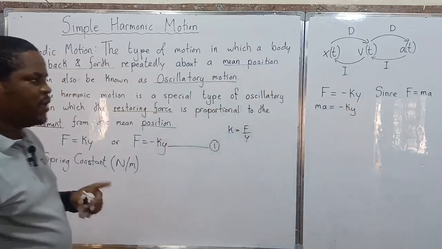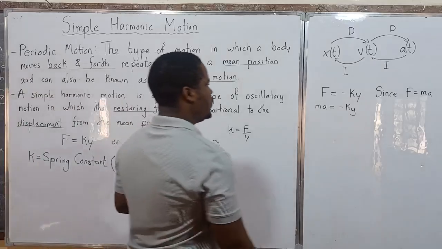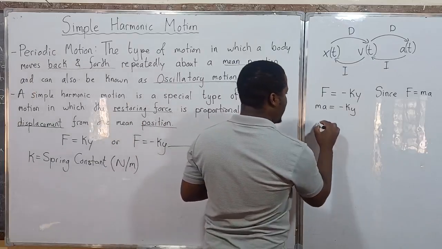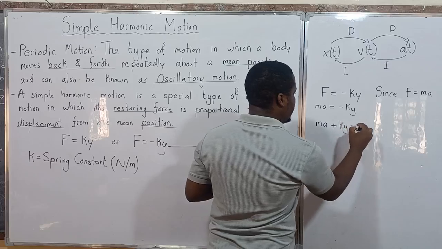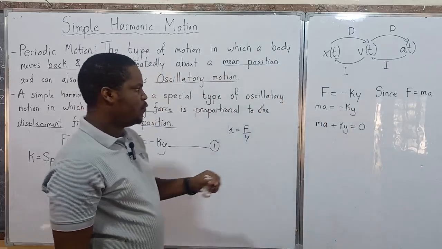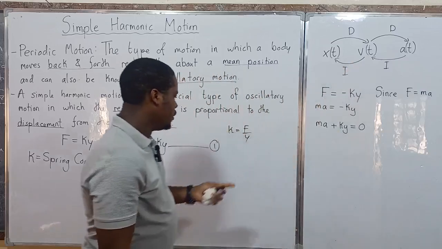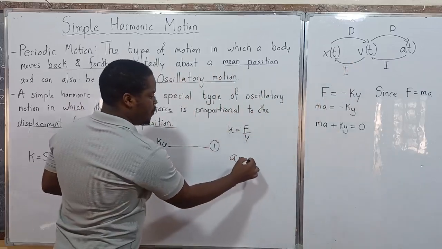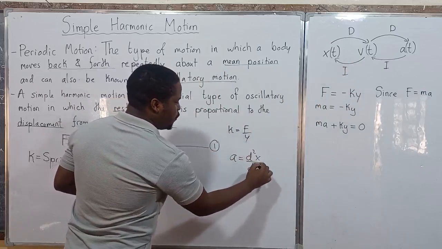That's what we have. If that's the case, let's put everything to one side. So we're going to have ma plus ky, everything equal to 0. Now, remember, acceleration, a, is equal to the double derivative of position.